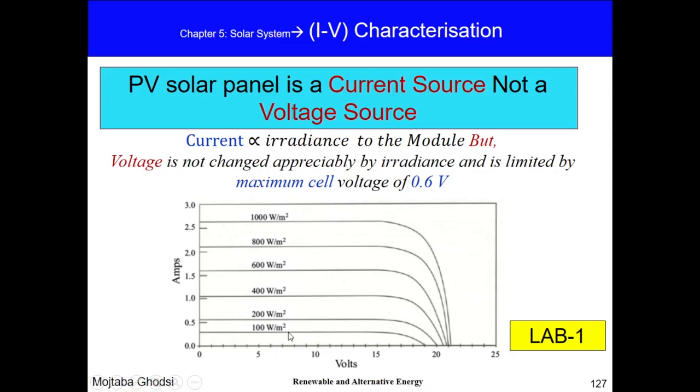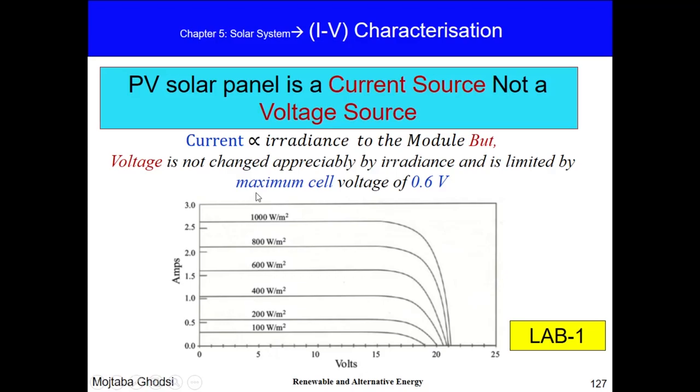It means that when the solar density increases, the generated current will increase too. However, voltage is not changed appreciably by irradiance and is limited by the maximum cell voltage of 0.6 volt.